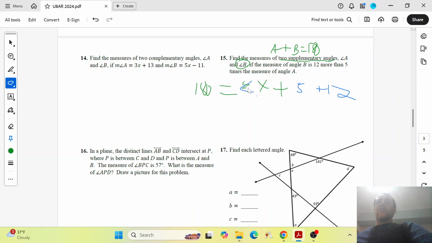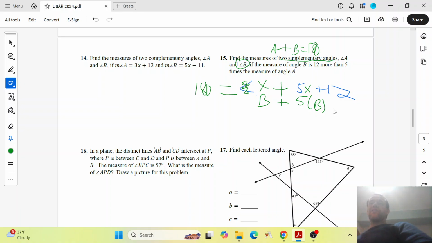We'll get rid of the angles now. So X plus 5 times that X plus 12. You could even call that B if you want to, because it's angle B, plus what is A? A is 5 times B, right?